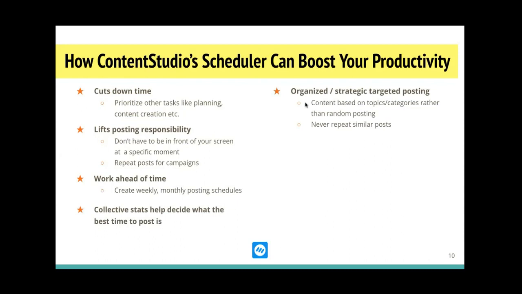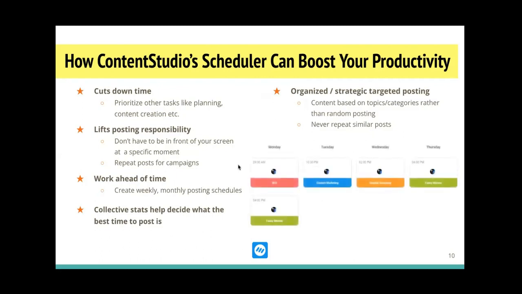And what it means is that I can actually create strategic targeted posting for my audience, which means I can prioritize my work. I can organize it based on the kind of content or topics that I'm sending out to my audience. So for example, see, this is a calendar, right? So I've got SEO posts going out on Monday. I've got Tuesday with content marketing.